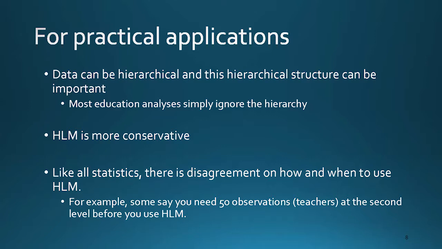But like all statistics, there's a disagreement on how and when to use it. I have seen an article not too long ago that said you had to have at least 50 observations at the second level before you needed HLM. So in other words, you need to do a study that had at least 50 teachers before you took multi-levels into consideration.